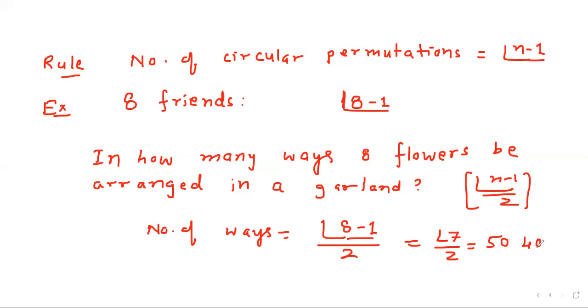Now let's see another example. Next example: there are 3 men and 3 women. The question is, in how many ways can 3 men and 3 women be seated at a round table if no 2 women sit together?